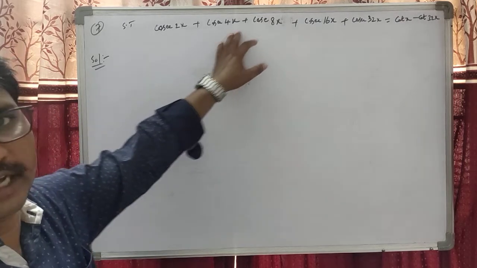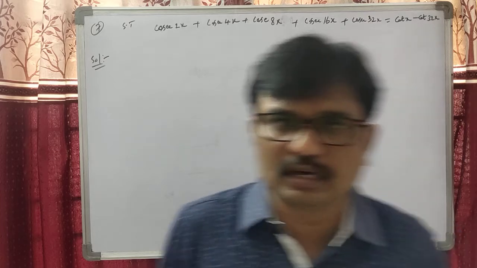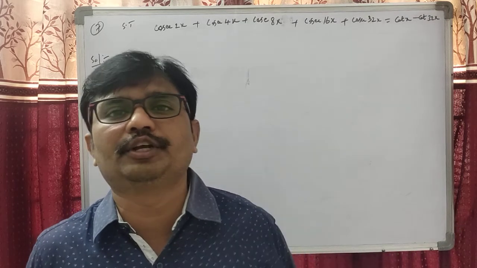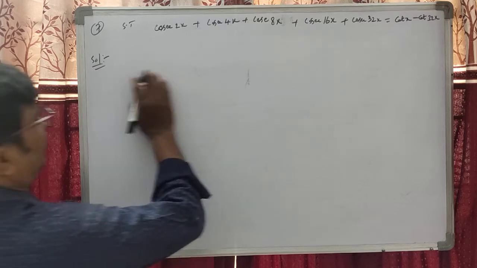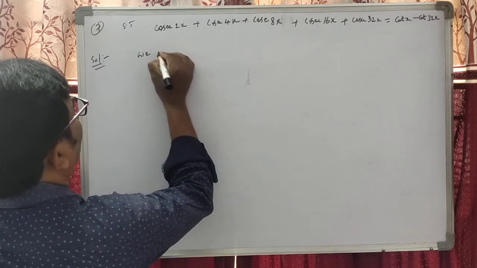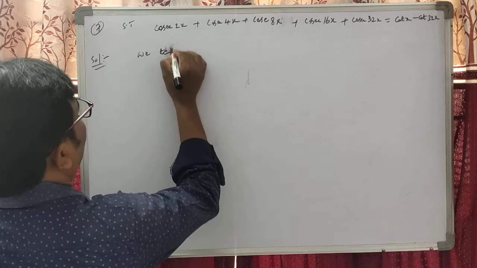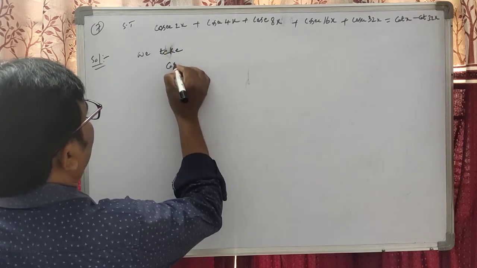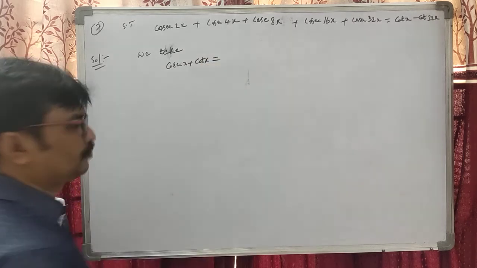Cosecant 2x plus cosecant 4x plus cosecant 8x plus 16x plus 32x equal to cot x minus cot of 32x. Okay students, first we take cosecant of x plus cot x.